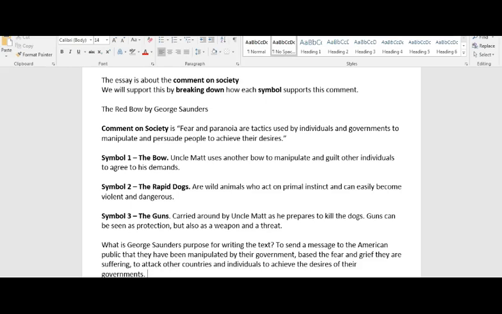Would that have happened if the government didn't instill this fear and paranoia to convince its people that it needed to wage war on terrorism? This little short story is trying to get the American public to realize that it's been taken advantage of, and as a result, not only has done nothing to alleviate the fear and paranoia, but it's potentially made it worse.